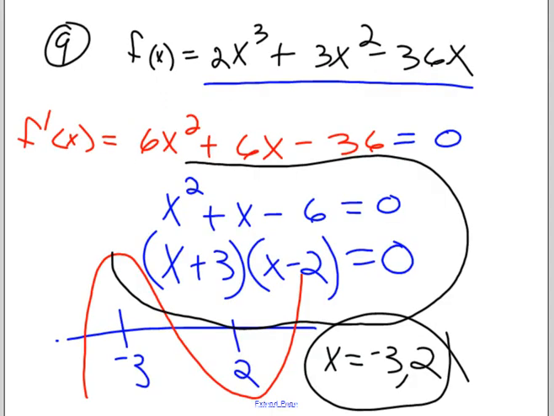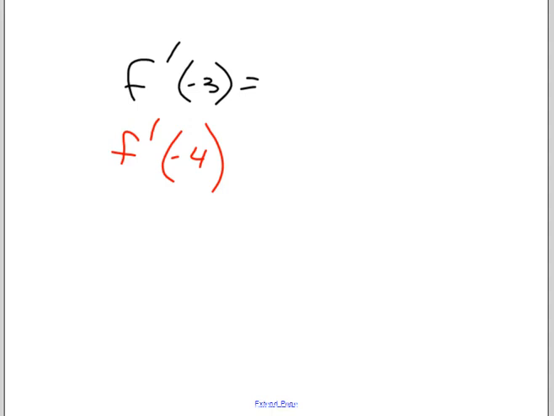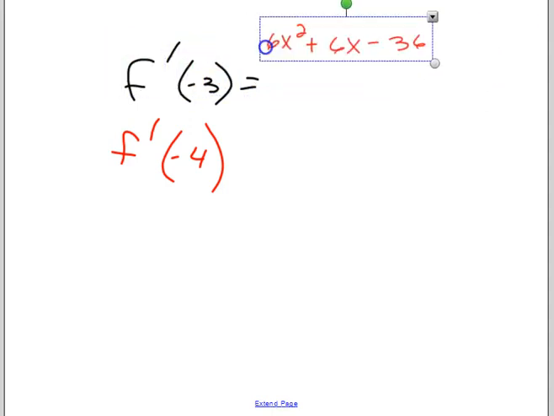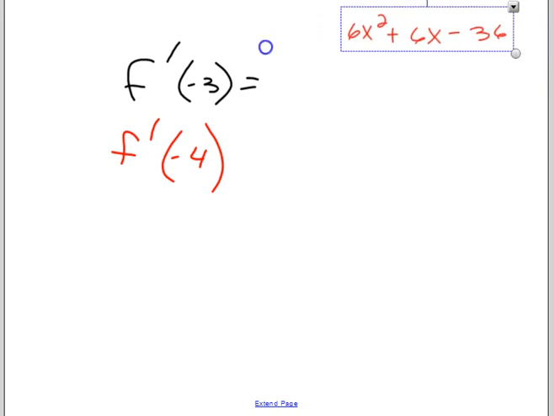I've got to go back here and get the equation. I need to evaluate this function, that's f prime, right? I need to evaluate that function at -4. So when I plug -4 into there, that's going to be 16 times 6, that's 96. That's going to be negative, but that's still greater than 0.